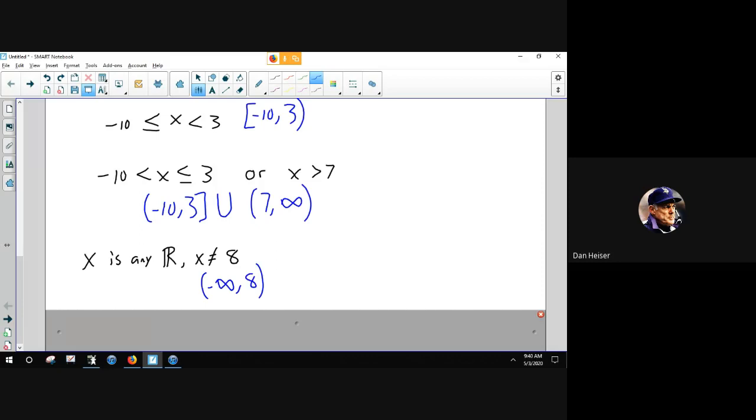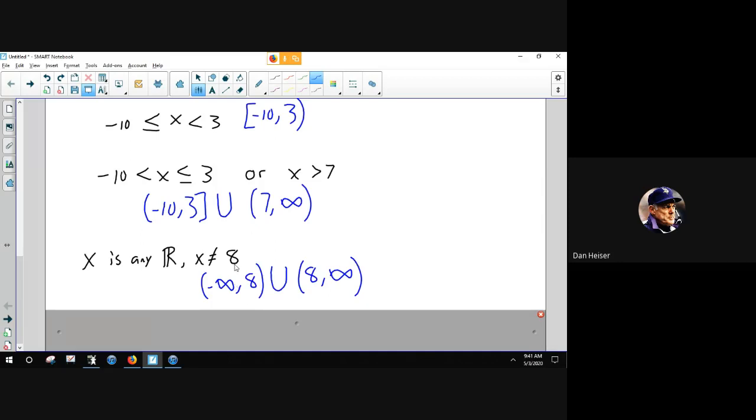But then at 8, we have a problem. So this first interval pauses when we get to 8. And then we join that union with a second interval that starts at 8 and goes to infinity.